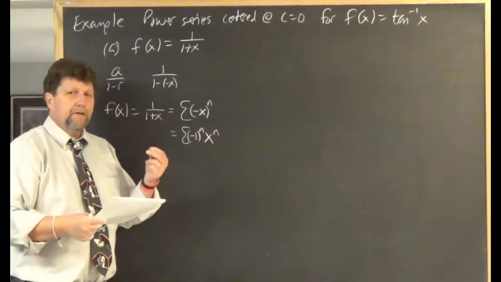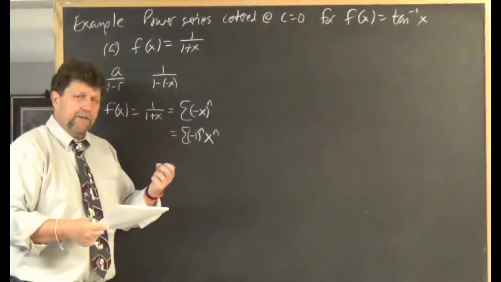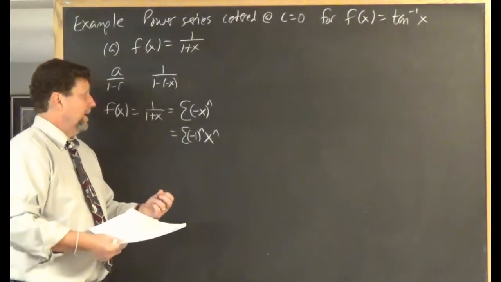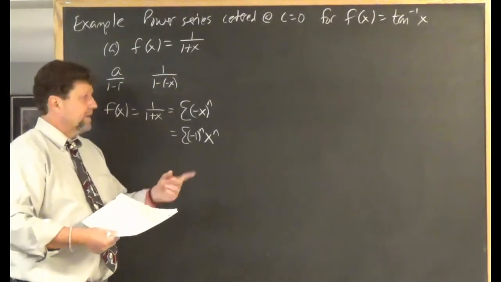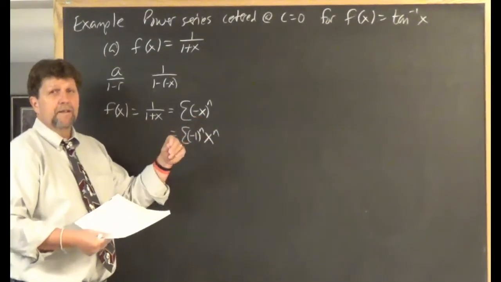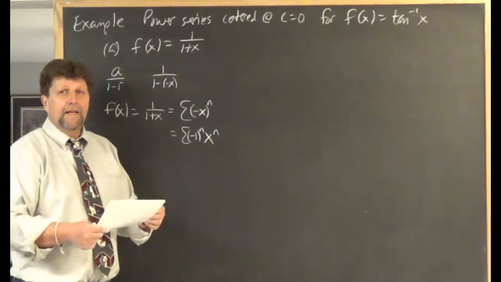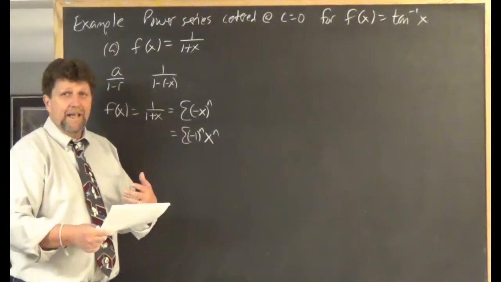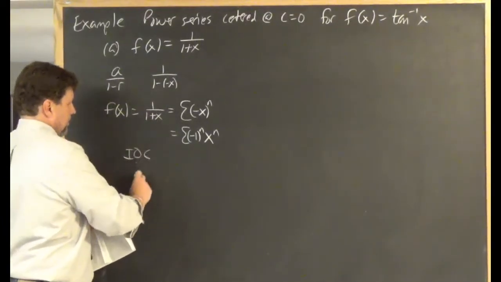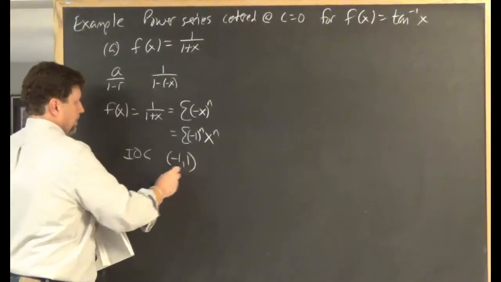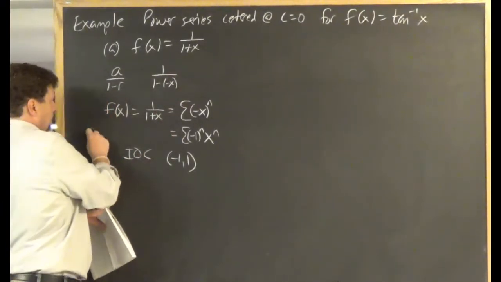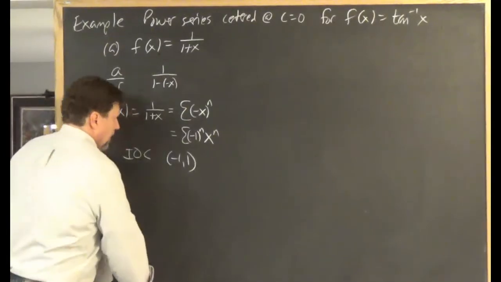Since it's a geometric series, and we know geometric series converges when absolute value of r is less than 1, well, absolute value of r less than 1, absolute value of x less than 1, we immediately get the interval of convergence is negative 1 to 1. So let me write that down. Which immediately tells me, since we're centered at 0, the radius of convergence is 1.